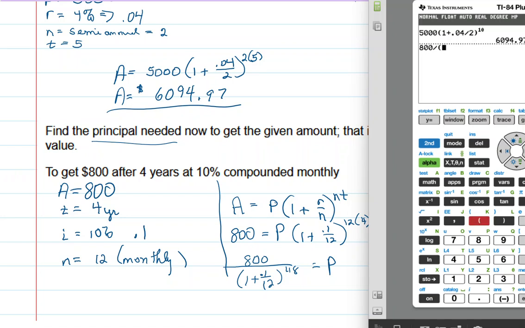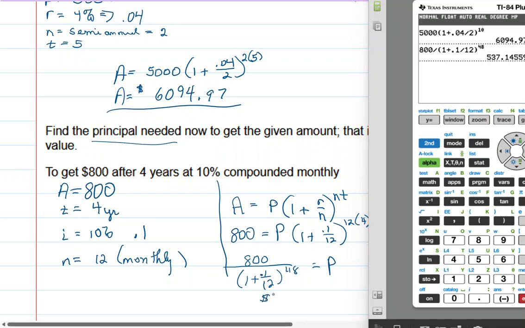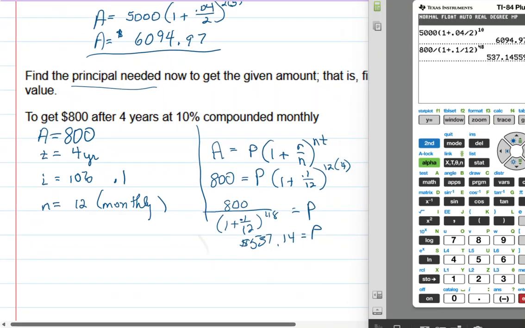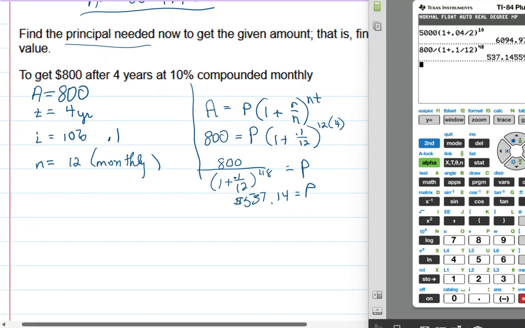Open parenthesis, 1 plus decimal 1 divided by 12, close parenthesis, up caret 48. And I should deposit at least $537.14. You would probably do like $550 to start, and then you'll be safe. You never put exactly what you need, but the book wants the exact answer.